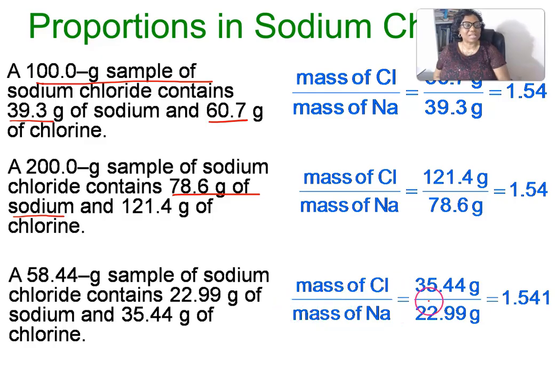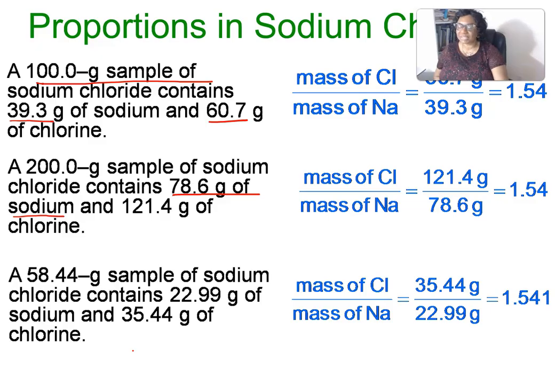You notice that in this sample, we still come up with 1.54 as the ratio. So this validates the fact that the proportion of the elements is definite, irrespective of the source and the mass of the substance.